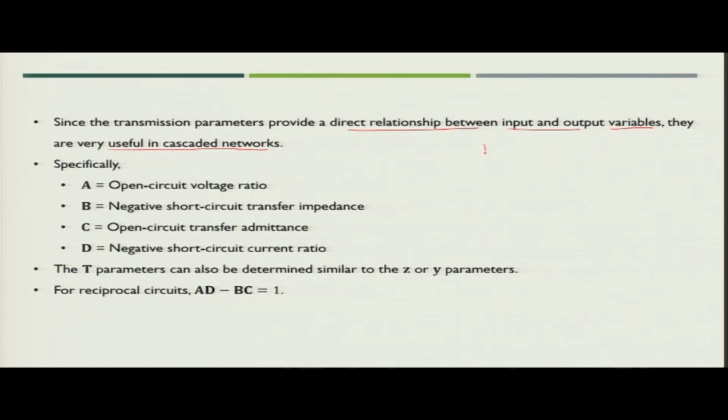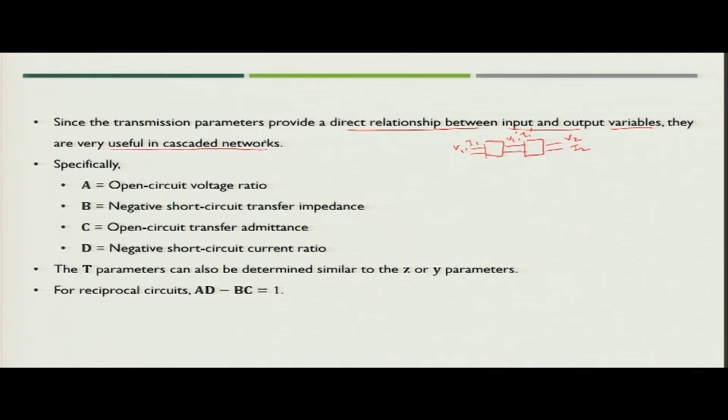That means, if you have two networks connected in cascaded fashion, so you can say that here the parameters are V1, I1, intermediate parameters V1 dash, I1 dash, and output you may have V2 and I2 as variables.